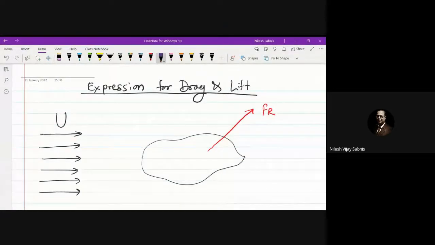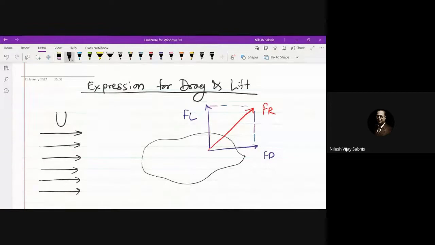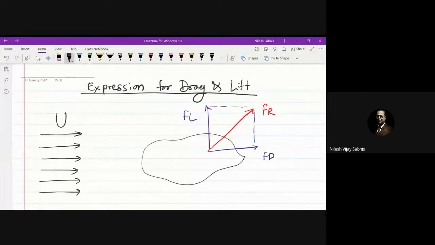That total force has two components, Fd and Fl. These two components are in the direction of the motion and in the direction perpendicular to the motion. Then we will consider a small element here.